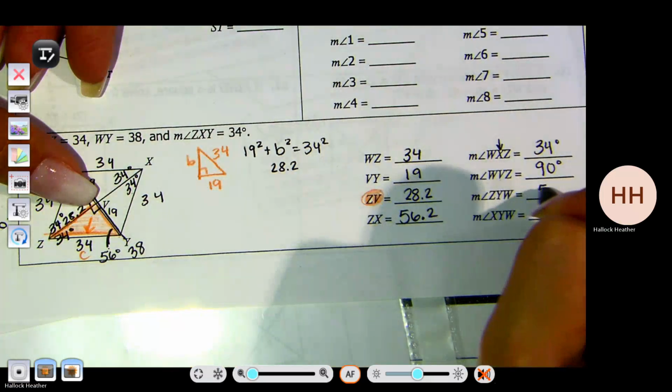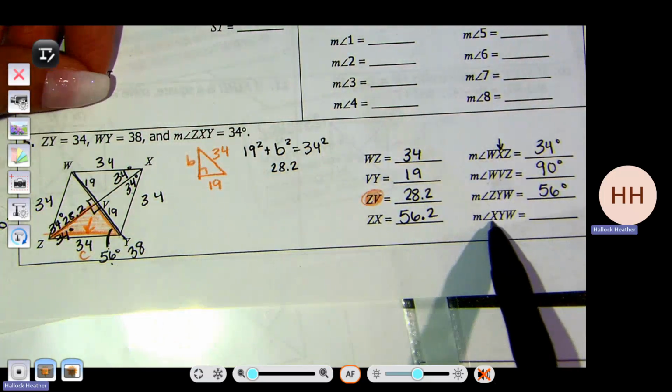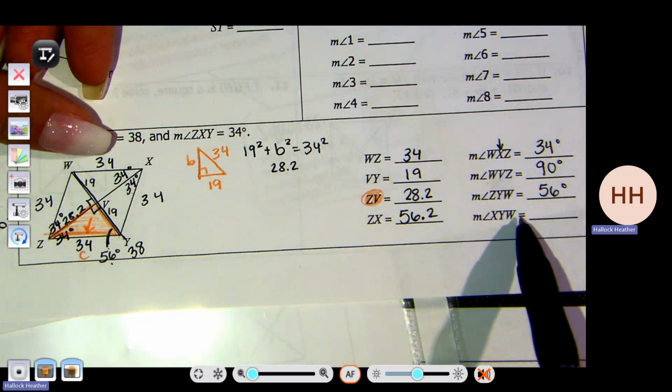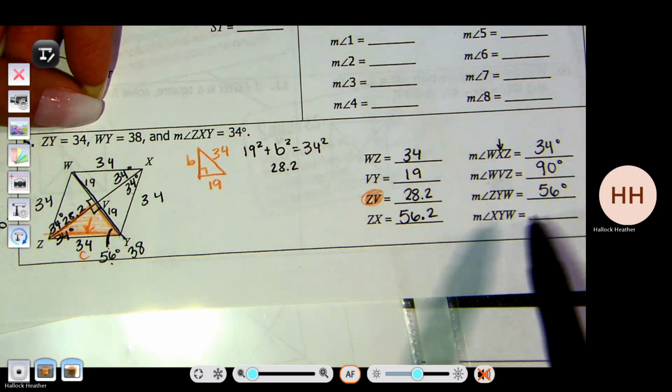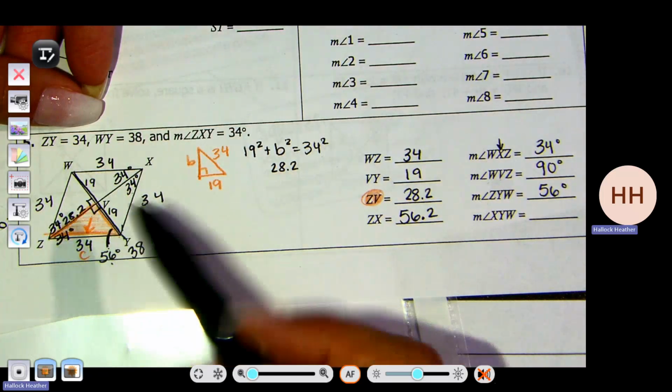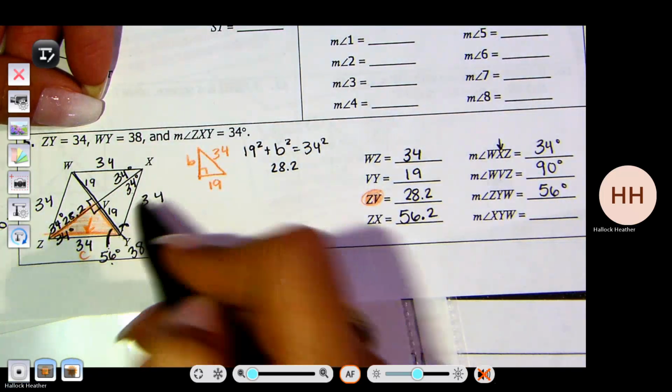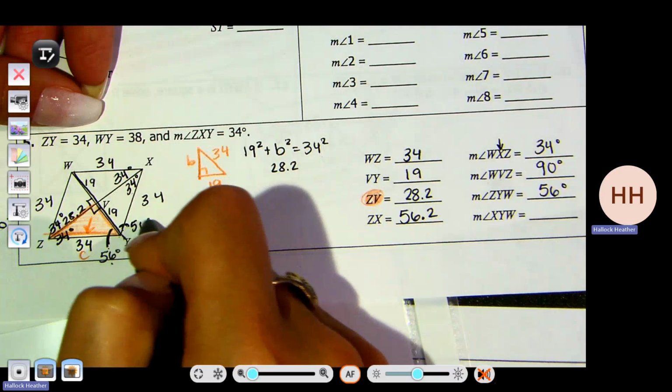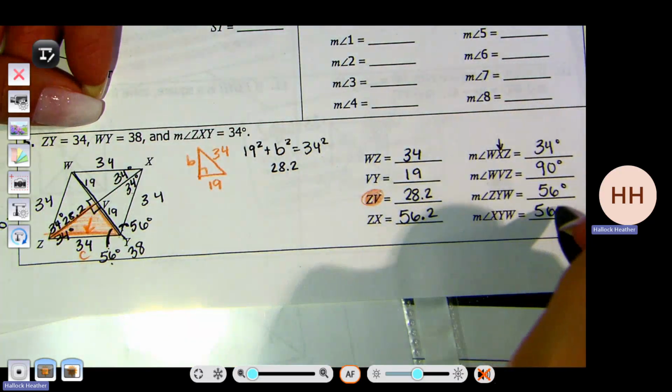Okay. So if this is 56, what is XYW? What would be right here? 56, because they're angle bisectors, so they're congruent to each other.